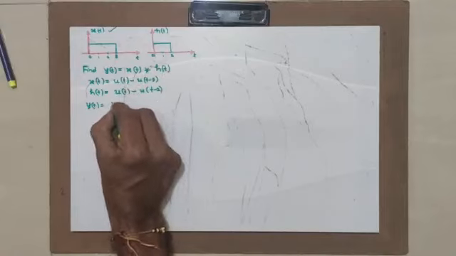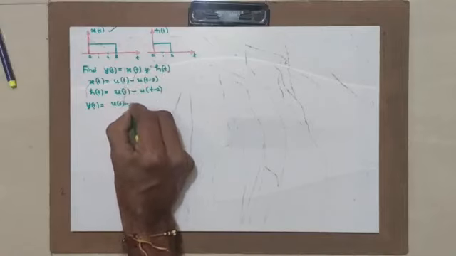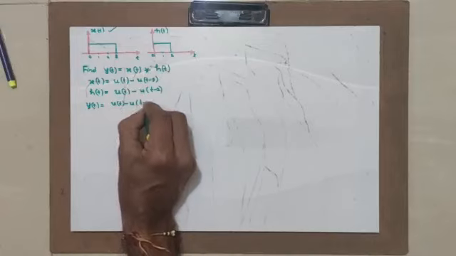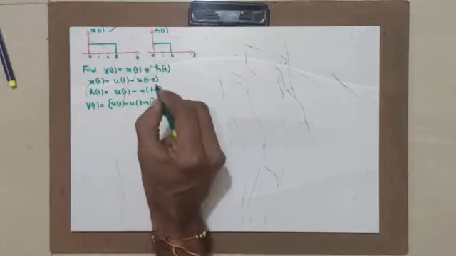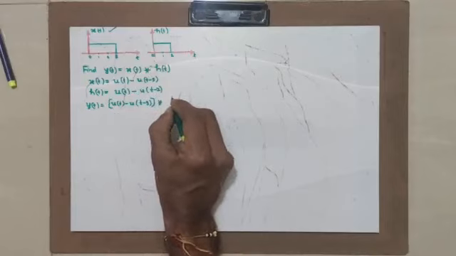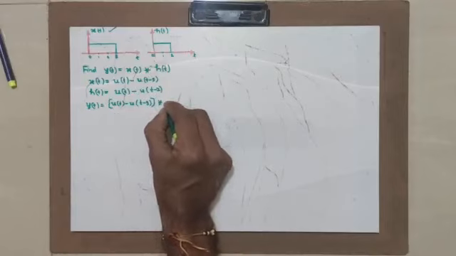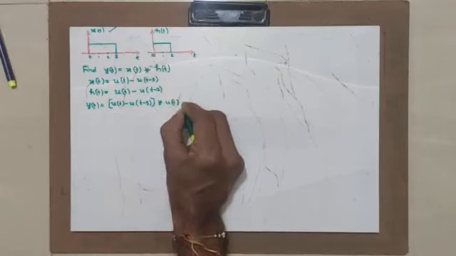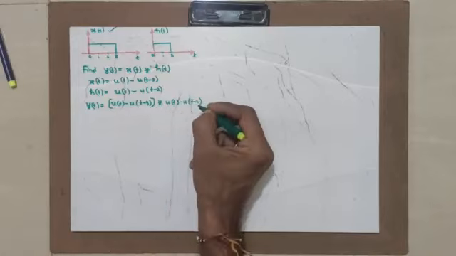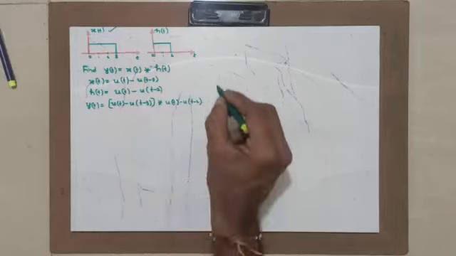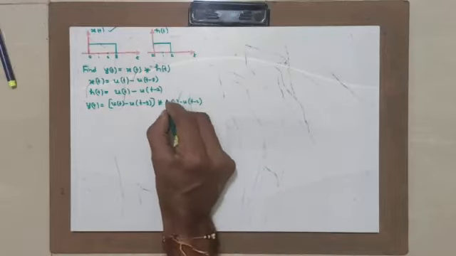x of t I will replace in terms of unit step, u of t minus u of t minus 3, convoluted with h of t, that is u of t minus u of t minus 2. Now I have to convolute this.